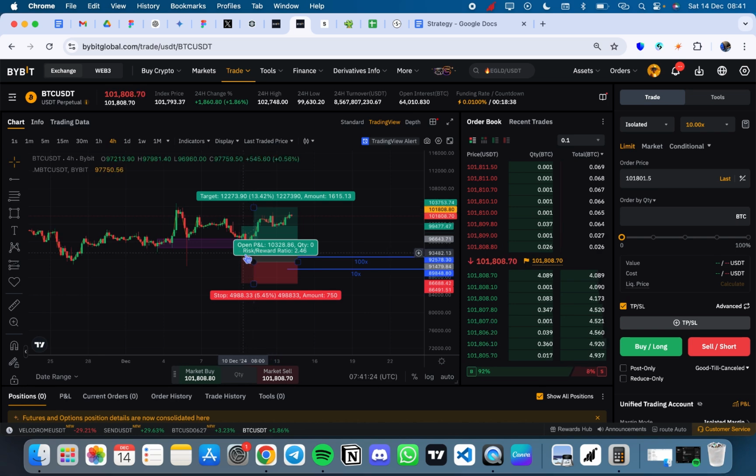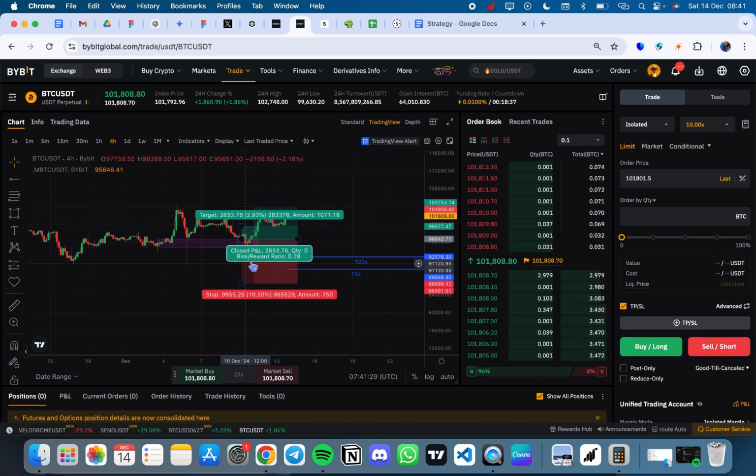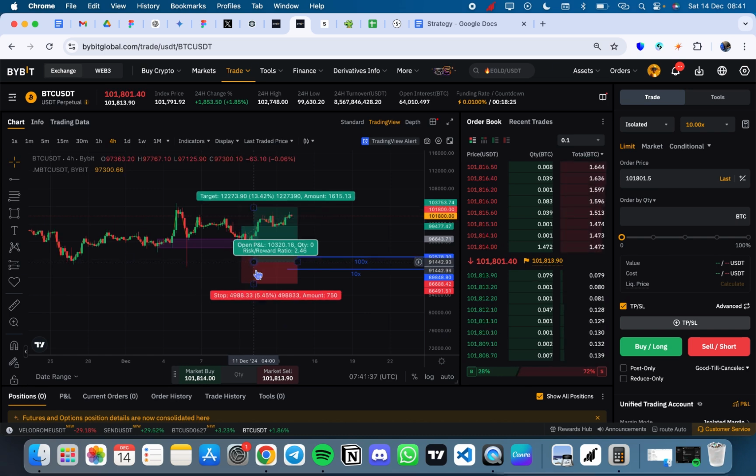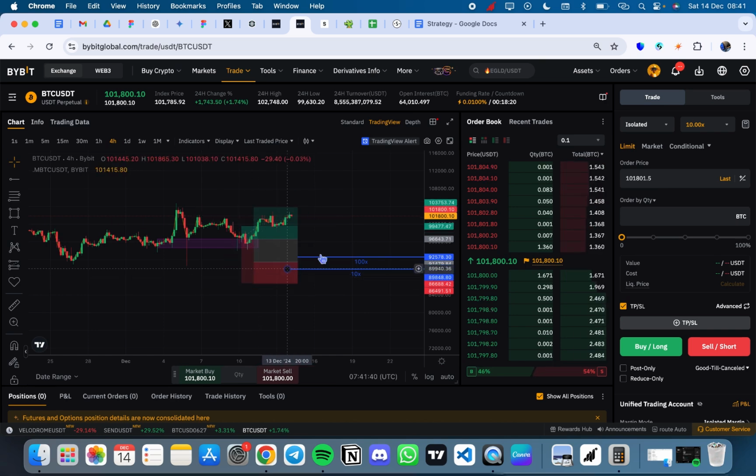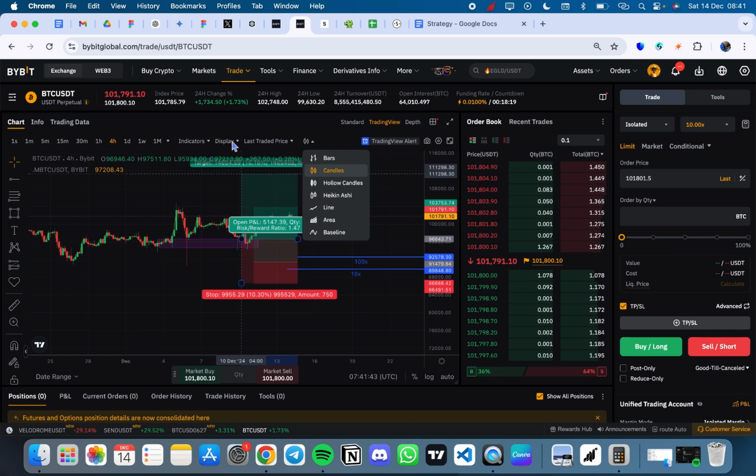When price goes from -2% to -4%, you place another 1% risk. When price goes from -4% to -6%, you place that 1% risk, all the way to -8%, right? So that's how we do the DCA.